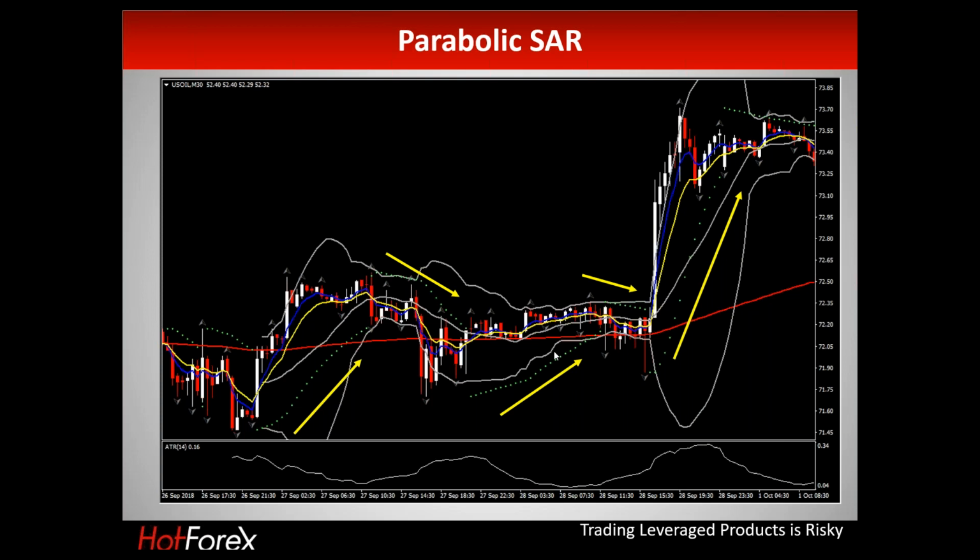As you can see in this illustration, the Parabolic SAR gives you the price direction, and ATR gives you the volatility of the actual asset.